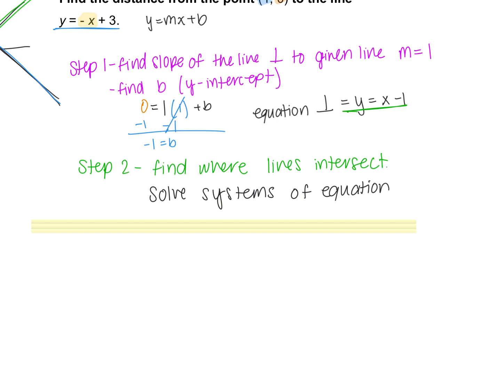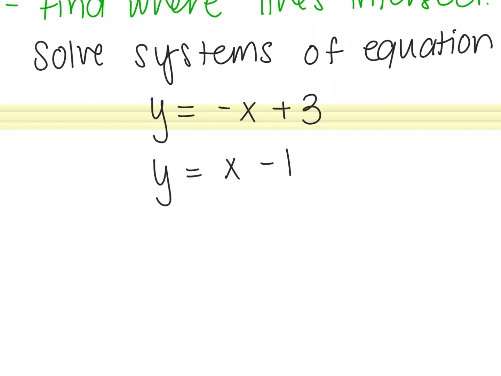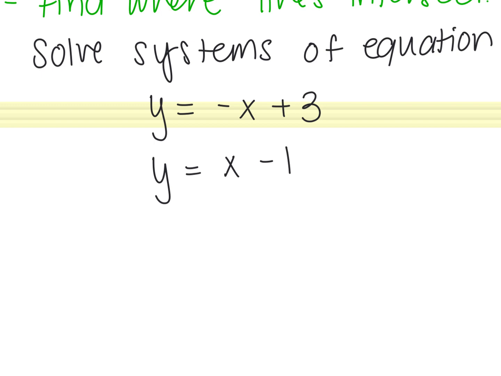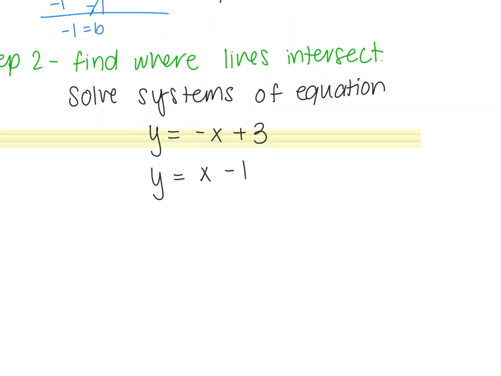My two equations: the one that was given, y equals negative x plus 3, and my new one, y equals x minus 1. We're going to do substitution.